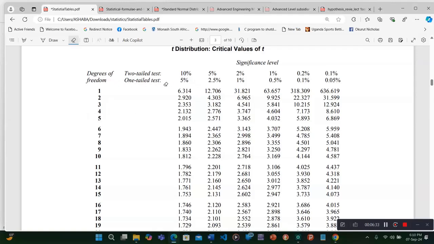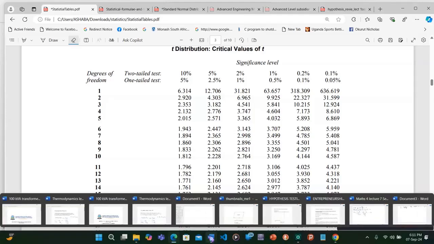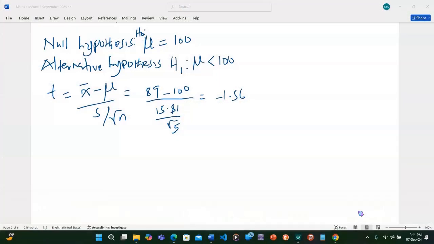If we are looking at a one-tailed test, our significance level is 0.05, that is 5%. So the one-tailed test at degrees of freedom equal to 4, our value is going to be 2.132.